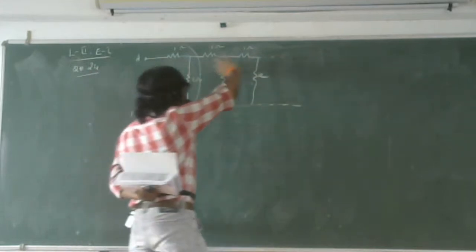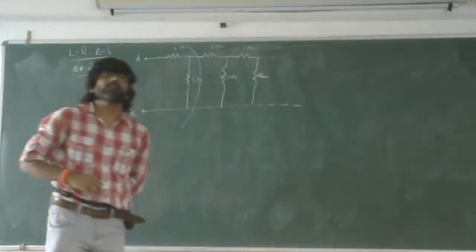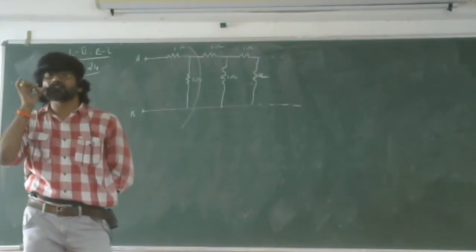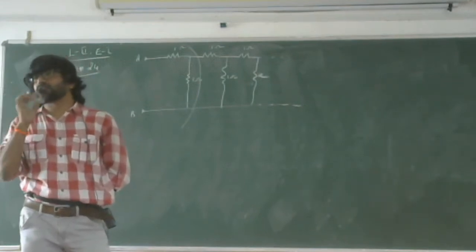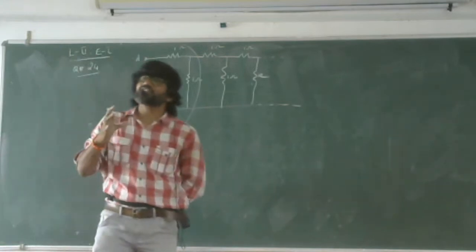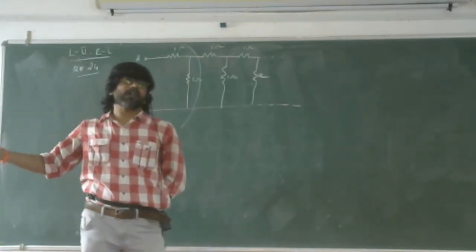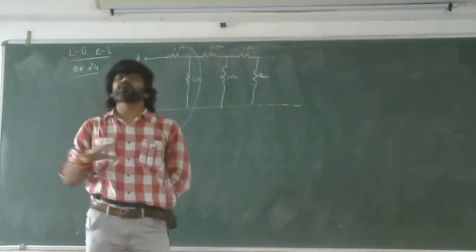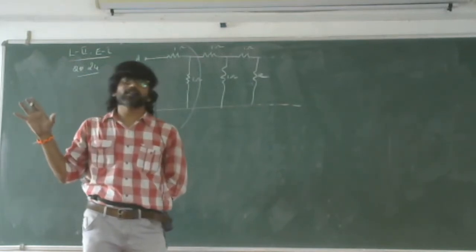So now all these other elements we have to replace with one resistor by considering one small logic. That logic is, if you add one bucket of water into ocean, the level of ocean will not change, right?